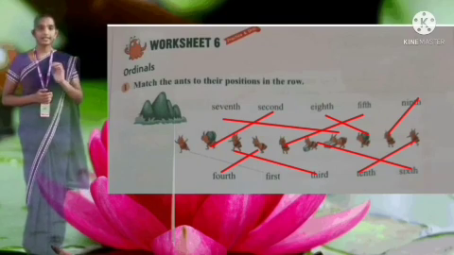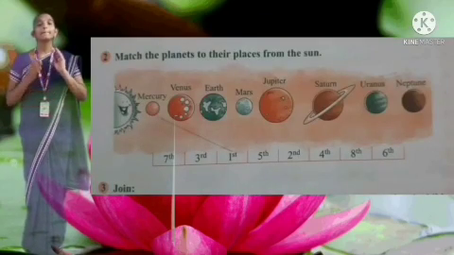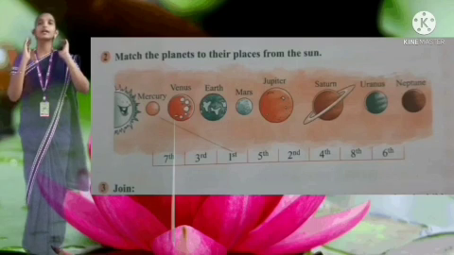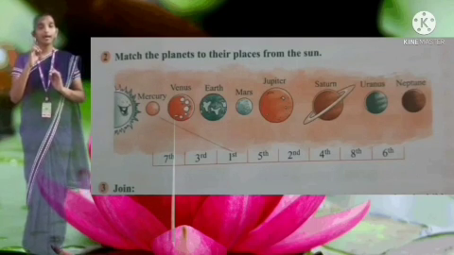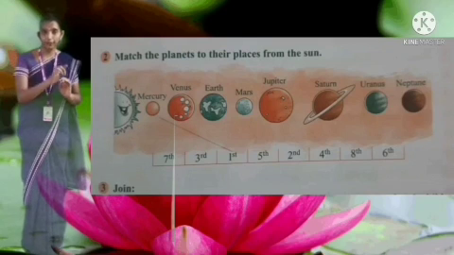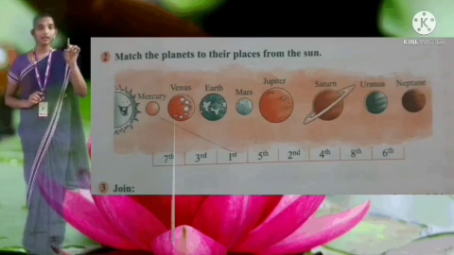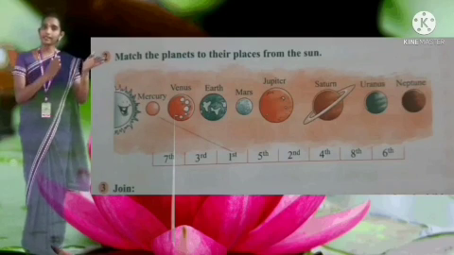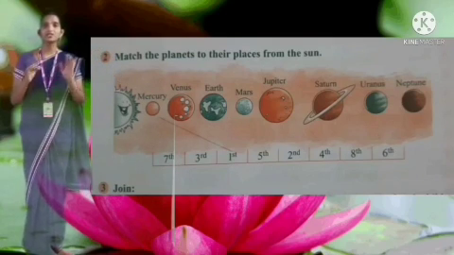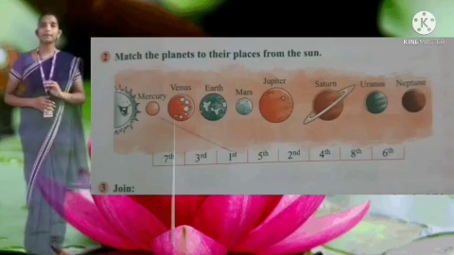Okay. Now next, the second one, match the planets to their places from the sun. They are marked as Mercury first, ordinal number 1st, Mercury. So the planets are given in order. We are going to just match the next ordinal numbers.